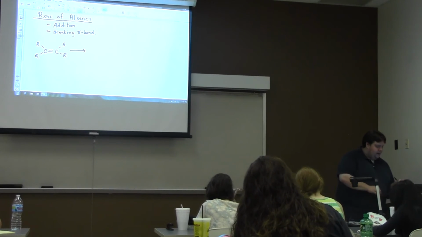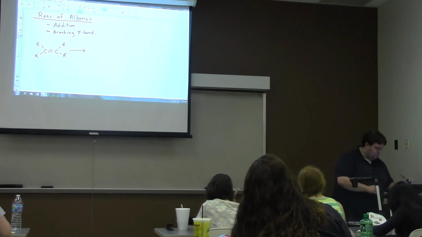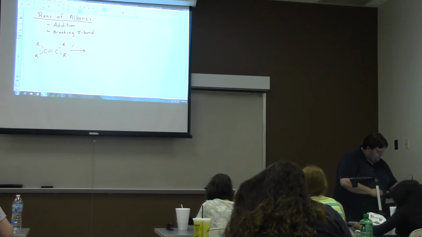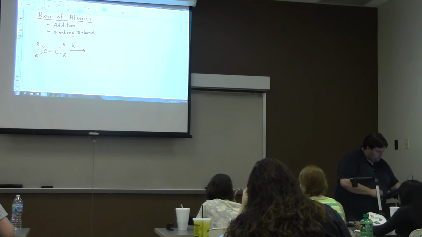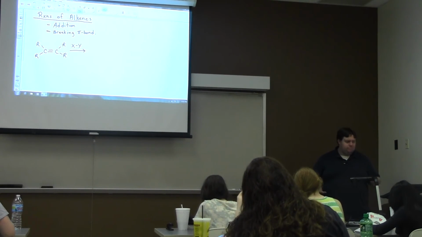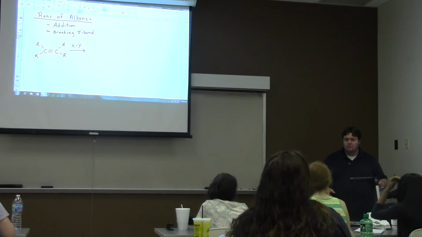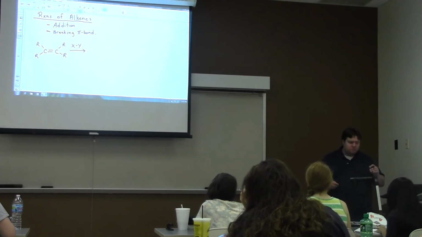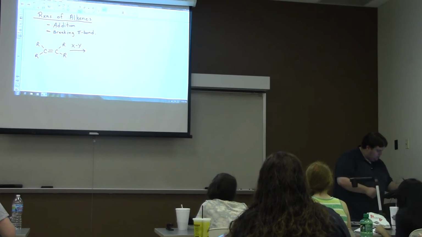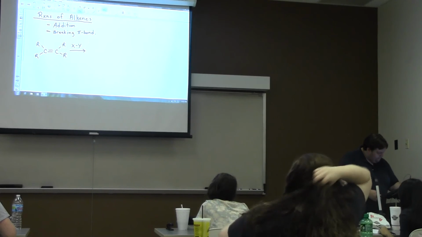Okay, and you're going to see that I use a lot of generic reagents when I'm trying to explain a reaction in general. In this case, I'm going to talk about reagent XY. Okay, I know that there are no X or Y elements on the periodic table. Okay, these are not intended to mean specific elements, but just a type of compound where you do have a binary compound.